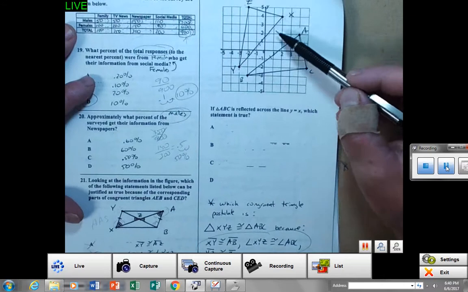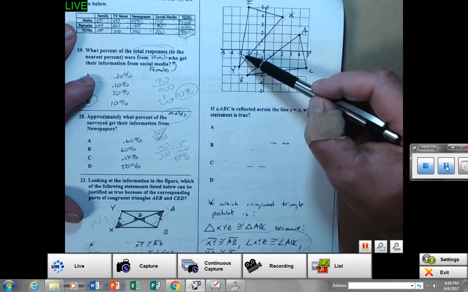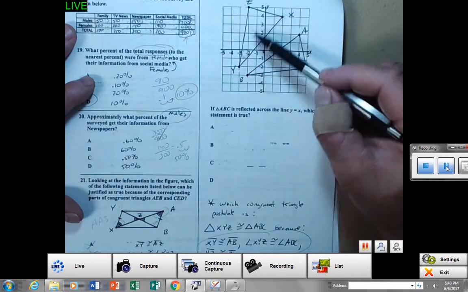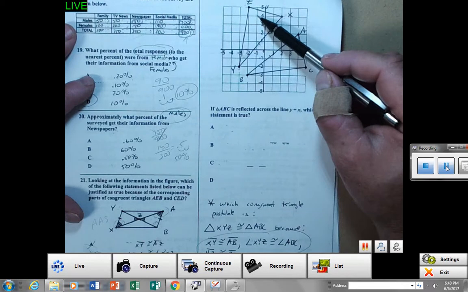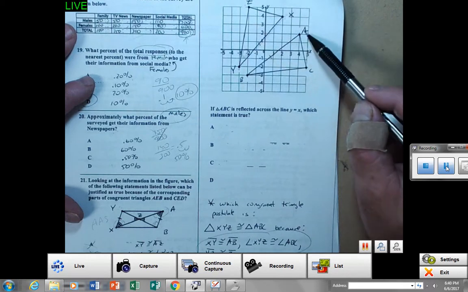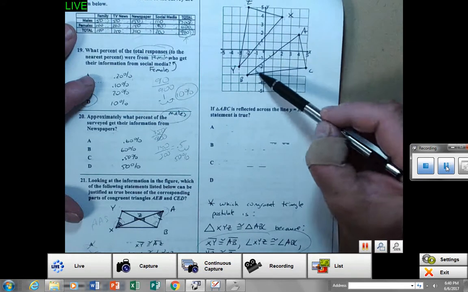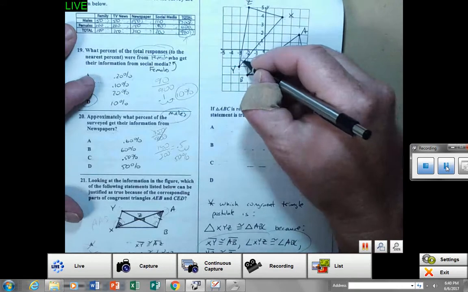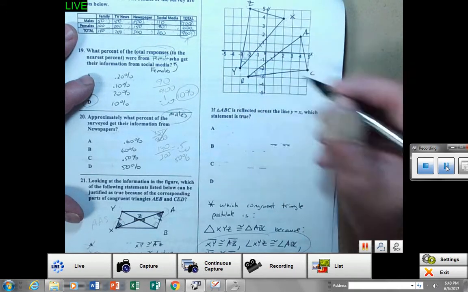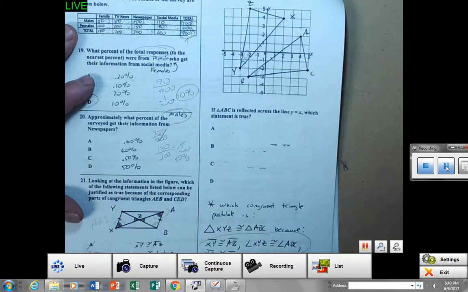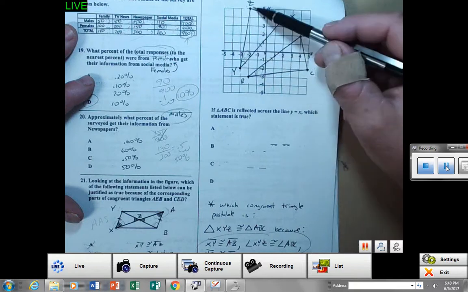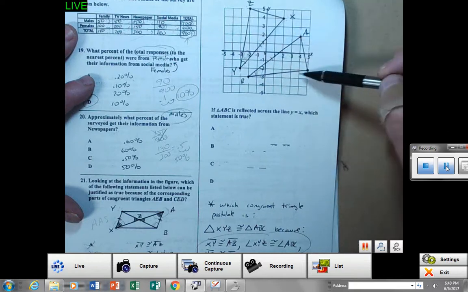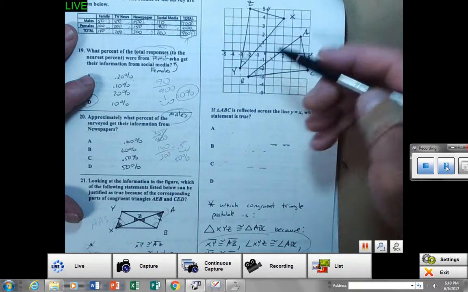That is XYZ, that's this angle right here. XYZ is equal to angle ABC. So I'm going to put a little line right there to show those two angles are equal. And then it says YZ, this length, is equal to length BC. So I'm going to put two lines there.